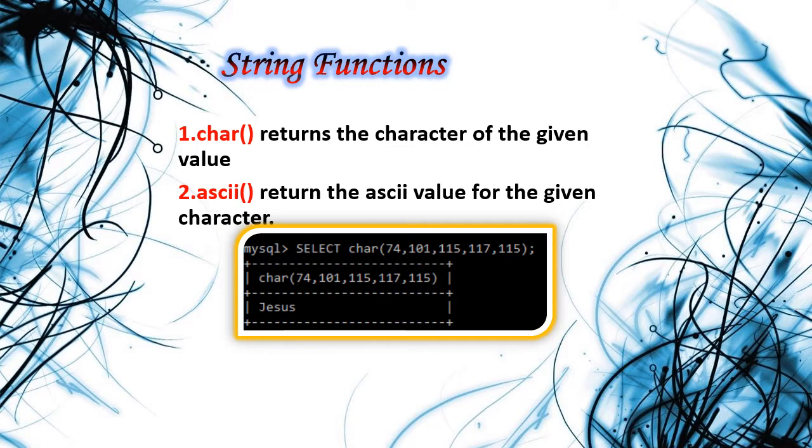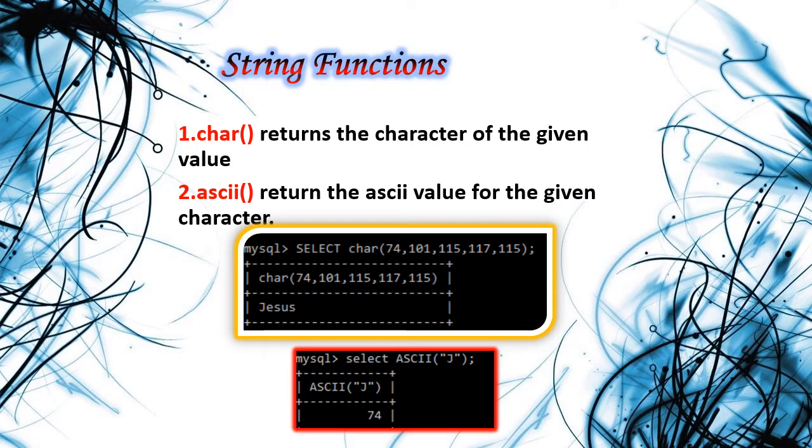So the letters corresponding to these values are printed: Jesus. Small letters in ASCII values start with 97 and capital letter A's ASCII value is 65. So according to that, the corresponding letter is printed according to the ASCII value.